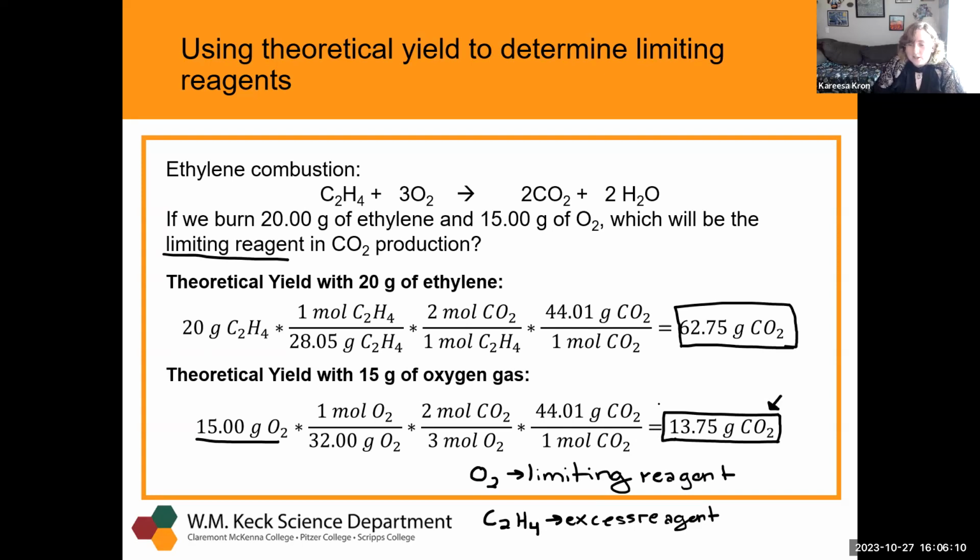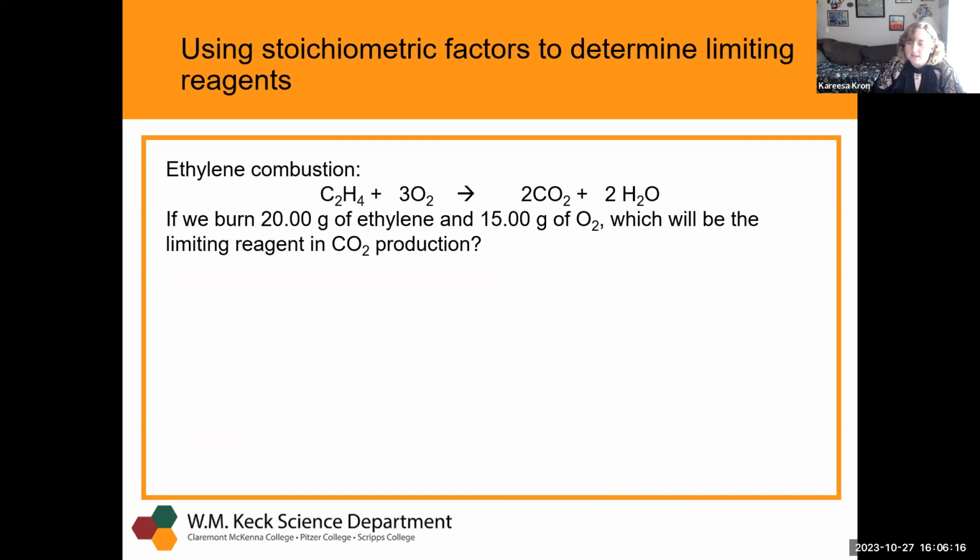But there's another strategy that we can use, which sometimes is a little more direct, that I also want to talk about. So instead of using the theoretical yields to determine which one is my limiting reagent, I can also use our stoichiometric factors to directly compare how much O2 I would need for the amount of ethylene I have versus the amount of O2 that I have.